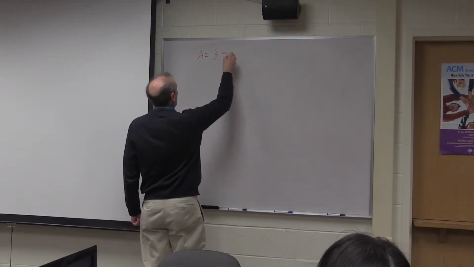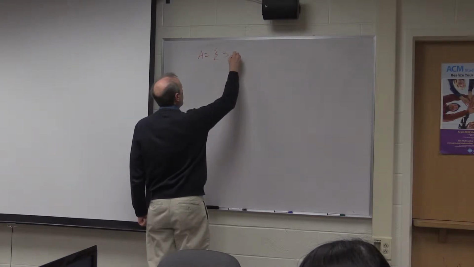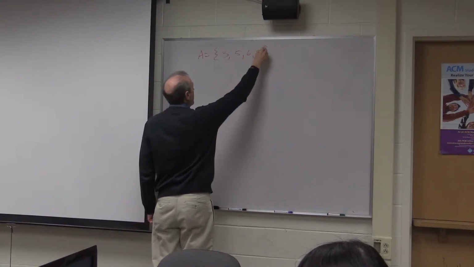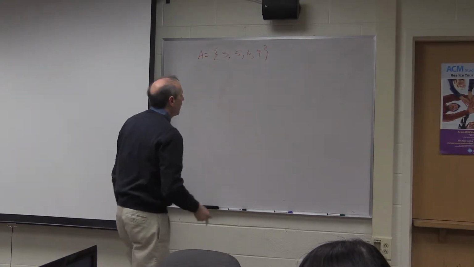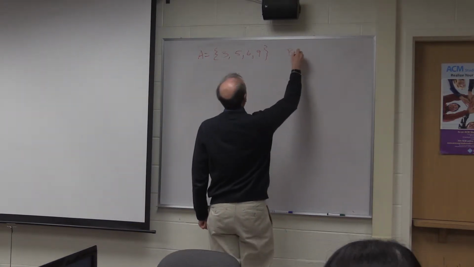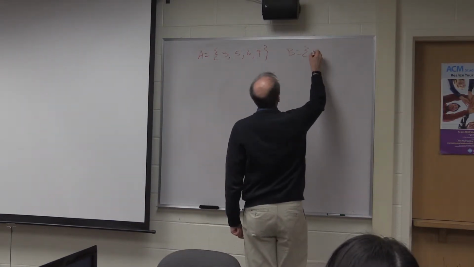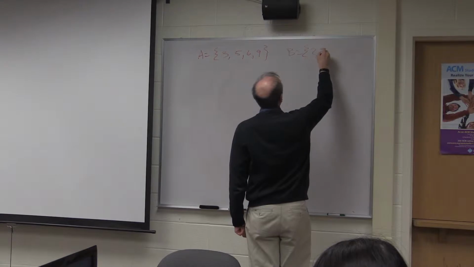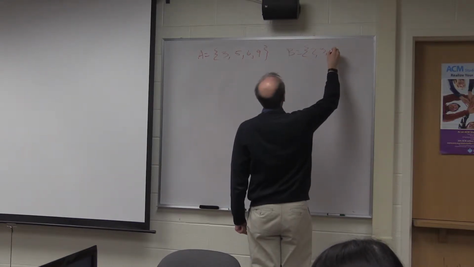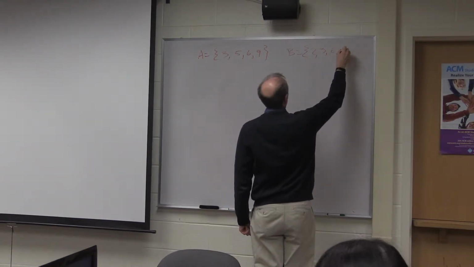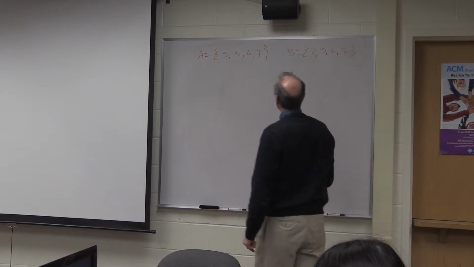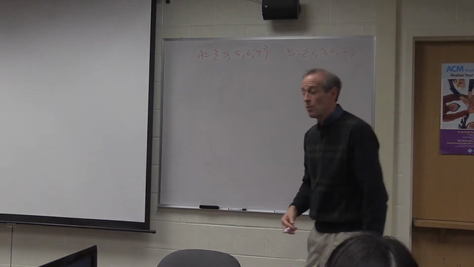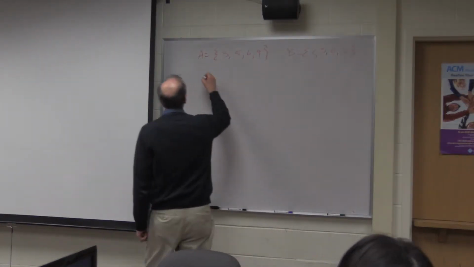So I might have A as 3, 5, 6, 9, and B as 2, 3, 6, and 8.